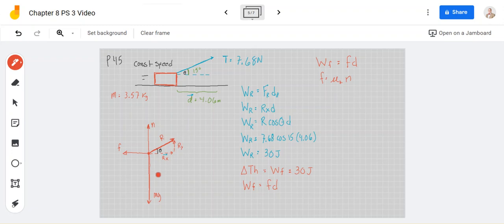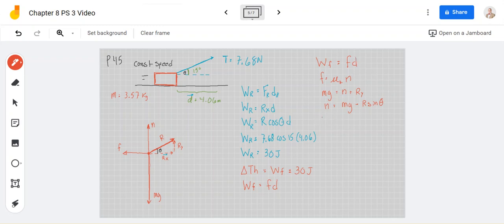If I look at this equation here, something that I notice is that because the forces are balanced, because there's no acceleration, mg is equal to N plus the R in the y direction. So the normal force is equal to the weight mg minus R sine theta.